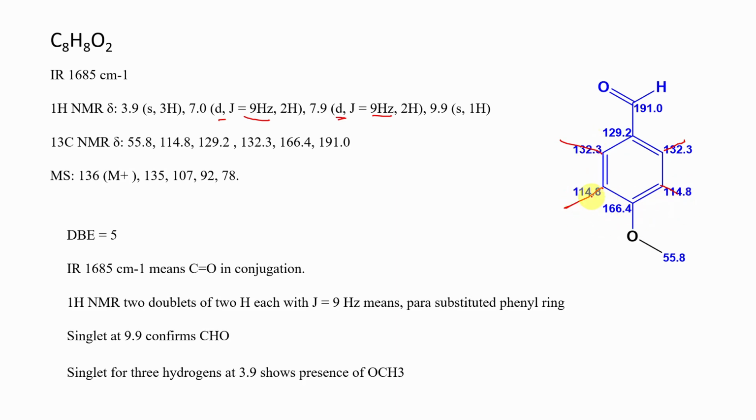Similarly, these two hydrogens have the same chemical environment, and they interact with this neighboring hydrogen atom, thereby giving another two hydrogen doublet. So the molecule is para-methoxy benzaldehyde.